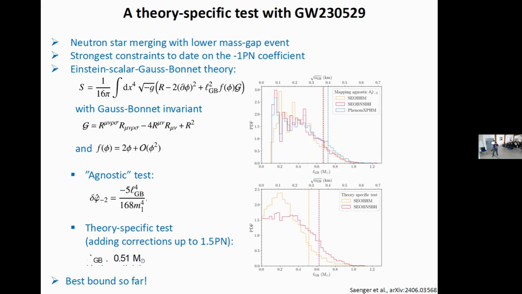One test is where you change only one parameter, namely the leading order one, and you connect that with this length scale, and you get some result. But in the other test, you really calculate up to 1.5 PN what the deviations in the inspiral are coming from this theory, and then you simply include them, and they will be functions of LGB. So they will give you extra information on LGB.